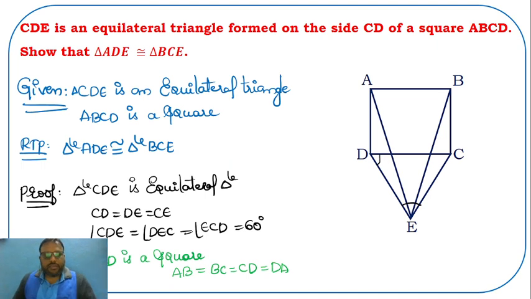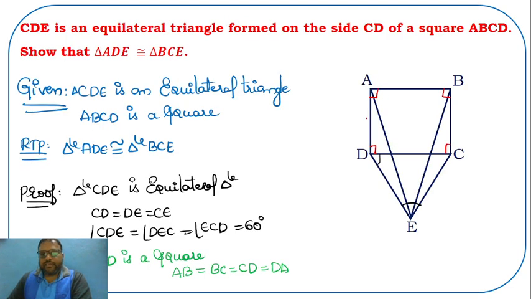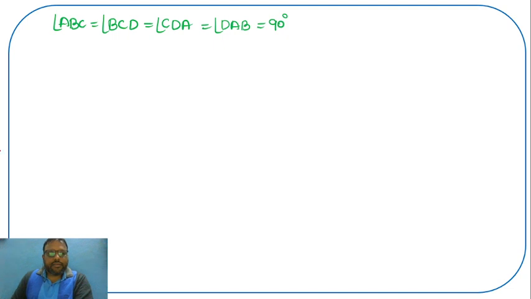So when you mention in the figure, you can tell that these four are 90 degrees. Okay, so you got up to here. This concept is clear. So these parts are equal, these two sides and similarly these sides. Now consider two triangles, triangle ADE and triangle BCE. Now we will start with this part.